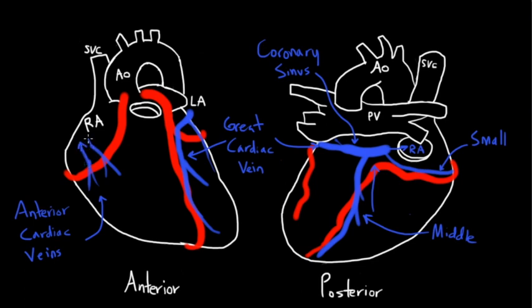I mean, they're right there. They might as well just bypass this whole fuss and drain directly, and that's exactly what they do. That's really pretty much all you need to know about the venous drainage. Not as clinically significant as the arterial supply, but worth noting as well. That's about it.